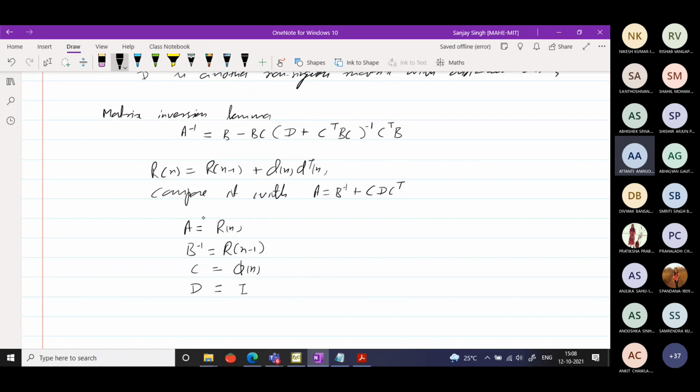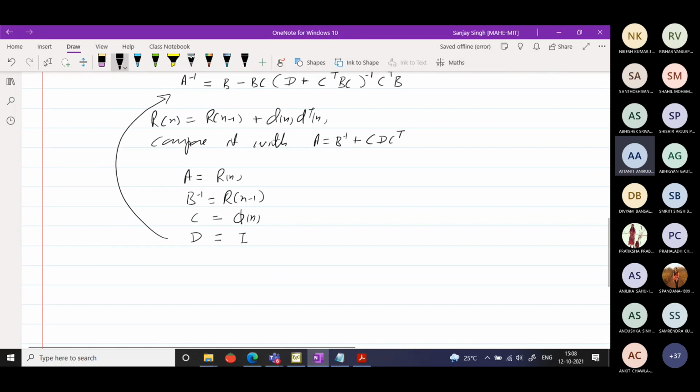So now once you have this A, B inverse, C and D, once you substitute these values here, then you get the relation for finding the recursive relation for finding the inverse of this one.